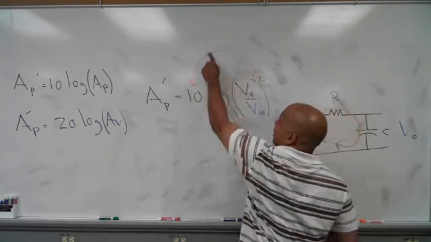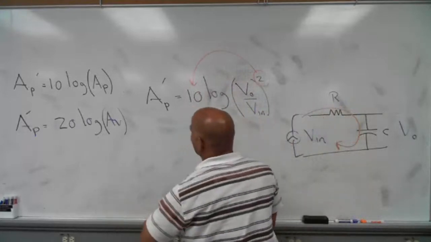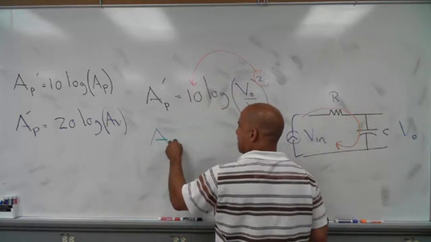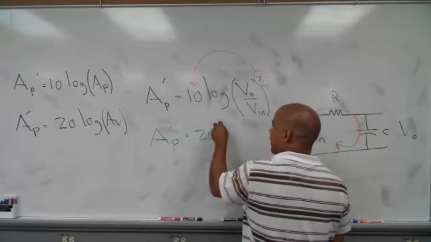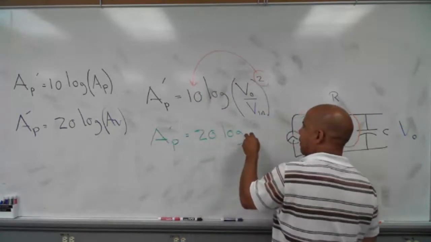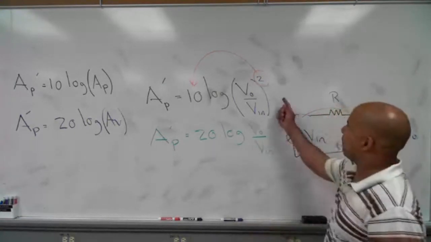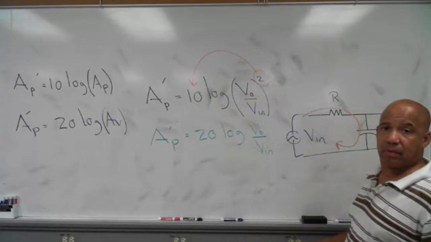I said you can take the 2 down and multiply the 10 if you remember that from the logarithm. So I could write this like this, that decimal power gain is going to equal 20 log V out over V in, right? If I move the 2 in front and multiply to 10, then I have this.